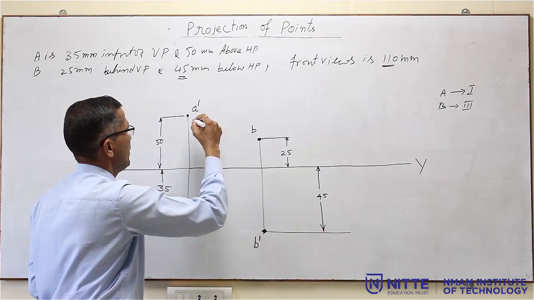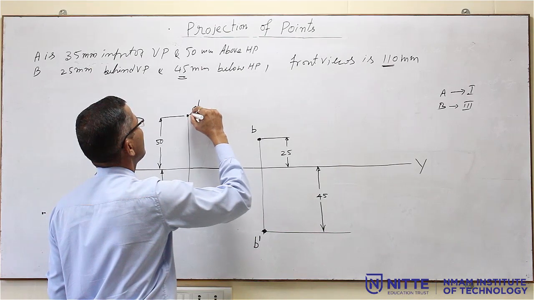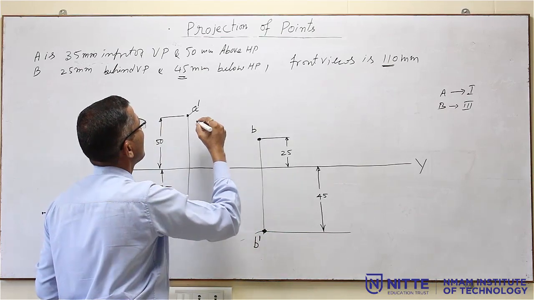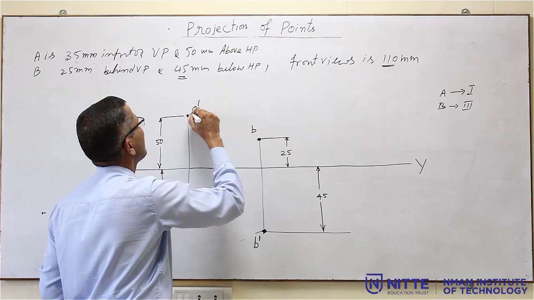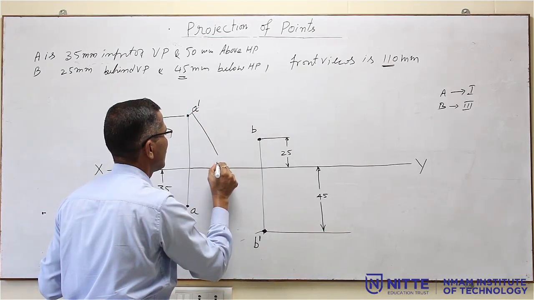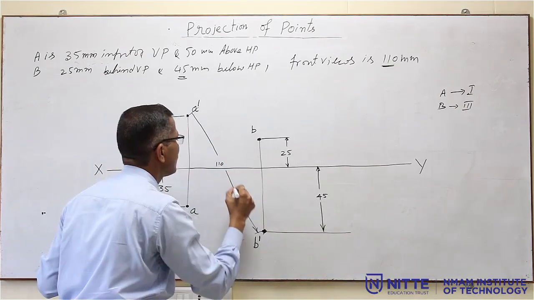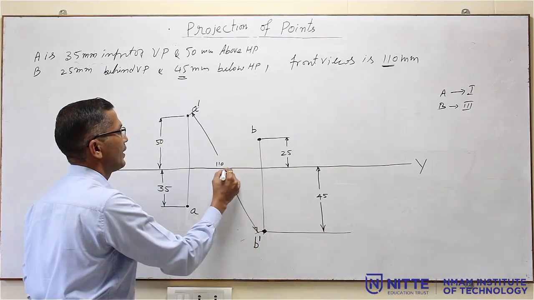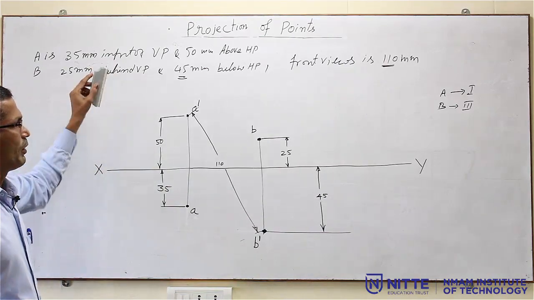You can mention that distance just by drawing a light line here and one more light line here, or you can use the arc method also. So, this distance is 110. This is the solution for this particular problem.